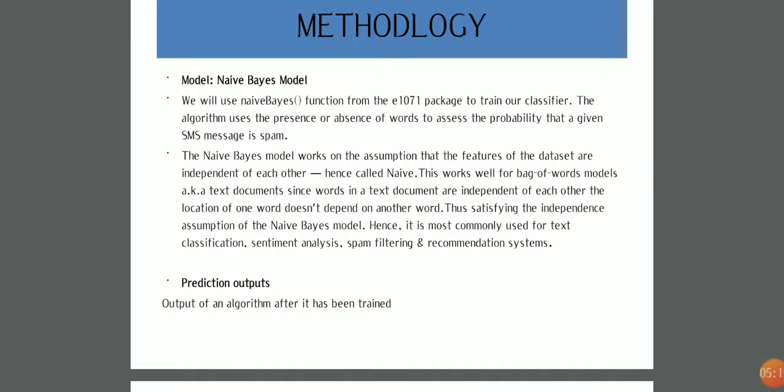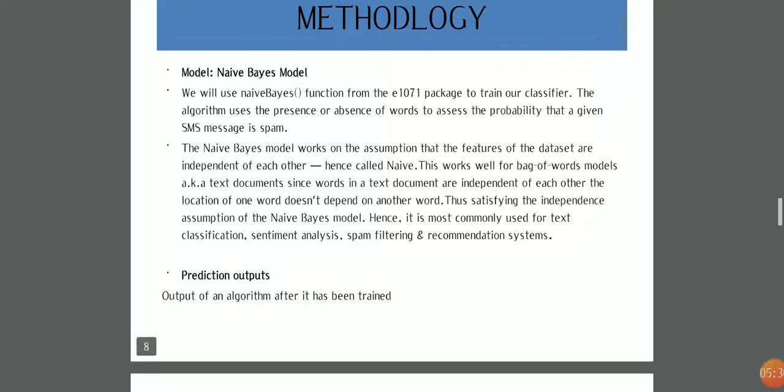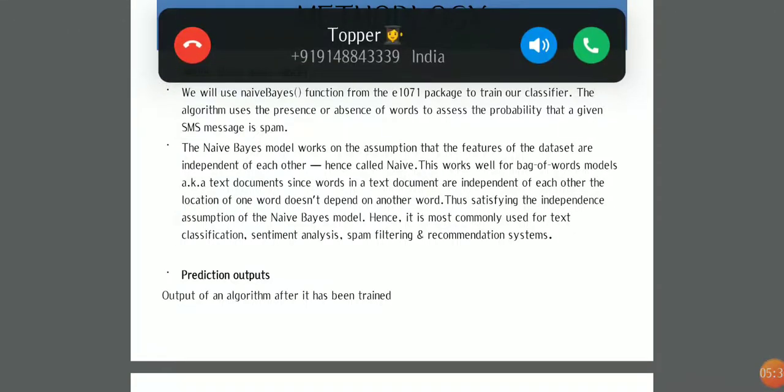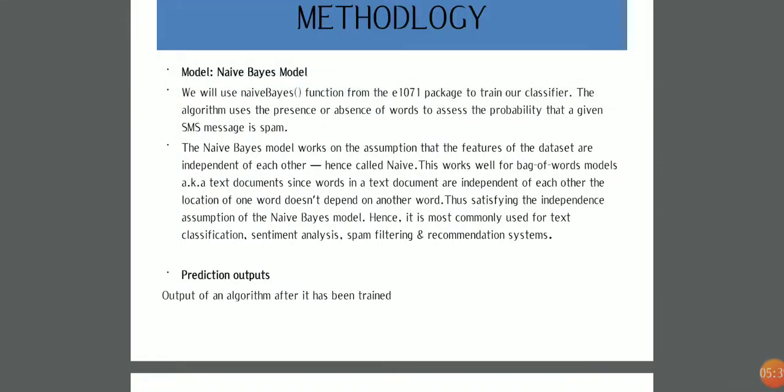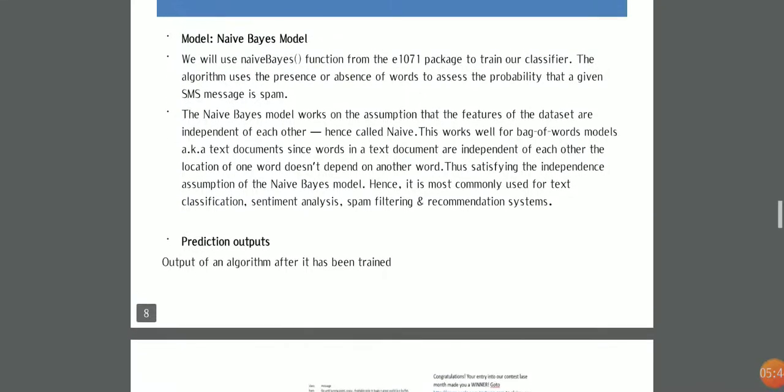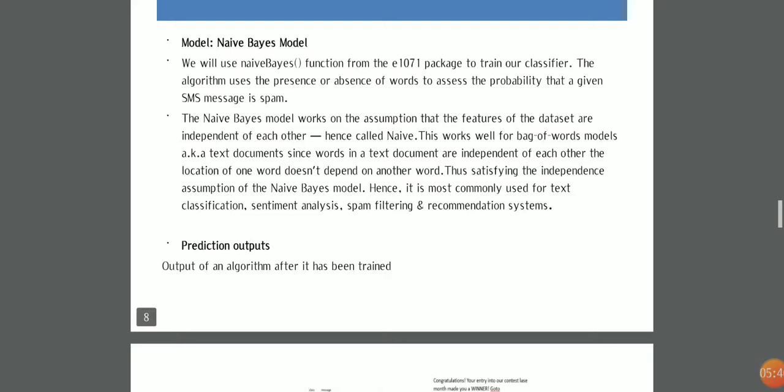This works well for bag of words models, a.k.a. text documents. Since words in a text document are treated as independent of each other, the location of one word doesn't depend on another word, thus satisfying the independence assumption of the Naive Bayes model. Hence it is most commonly used for text classification, sentiment analysis, spam filtering, and recommendation systems. Prediction outputs: the output of an algorithm after it has been trained.